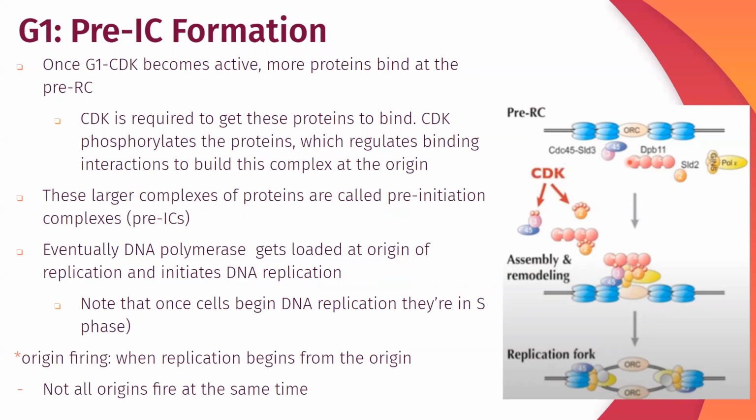G1 cyclin is being expressed at a higher level right now, which leads to the G1 cyclin-CDK complex being formed, which leads to pre-IC formation starting. These complexes are larger than the pre-RC, obviously, because they're built upon them, and so they are called the pre-initiation complexes.